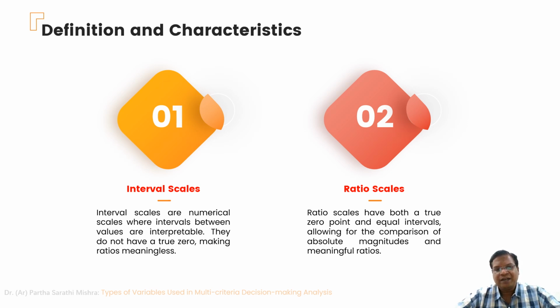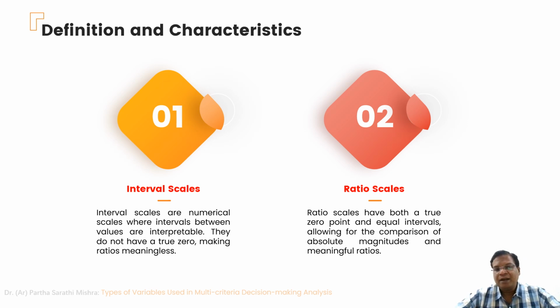These are the four different types, where two are qualitative and two are quantitative. Interval scales are numerical scales where intervals between values are interpretable. So we can give a particular distance between the values, or we can add or subtract them, but there will not be any true zero.